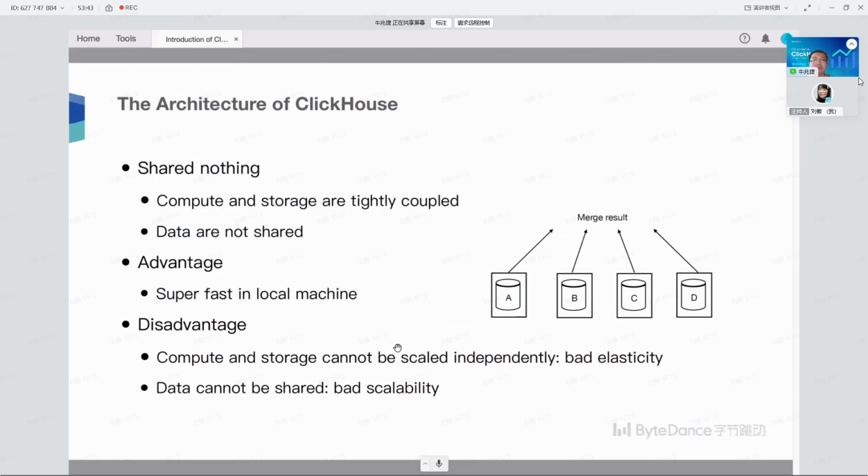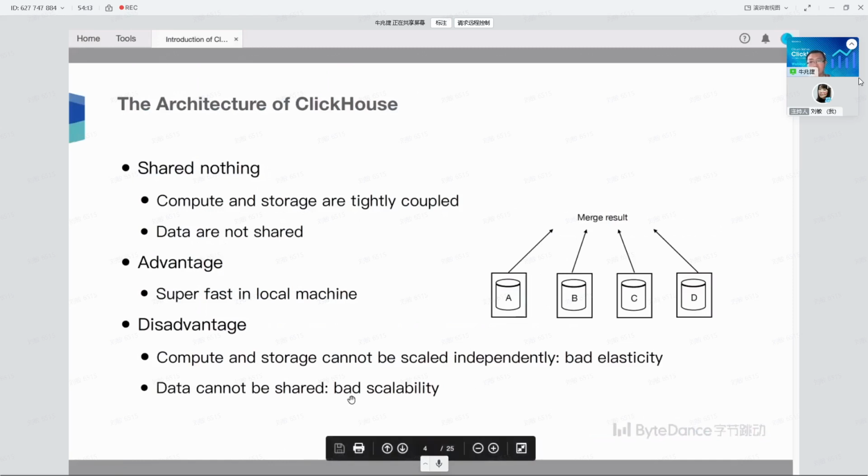For example, sometimes we don't need so many computing resources, but in order to make our data always available, we still need those servers, even when they are not being used efficiently, which means we waste resources. So this is the first disadvantage: it has bad elasticity.